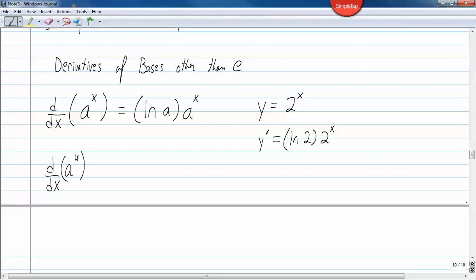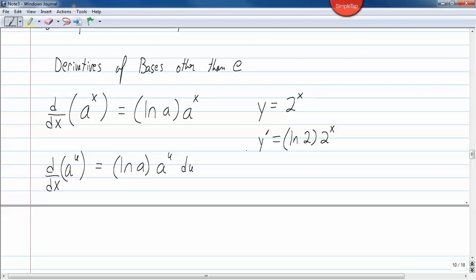I bet you could figure this one out if you thought about it for a second. Natural log of a times a to the u times, what do you think? du. You've got to take the derivative of that u. That's basically the same as e to the x, except you've got to put that natural log of a in front.